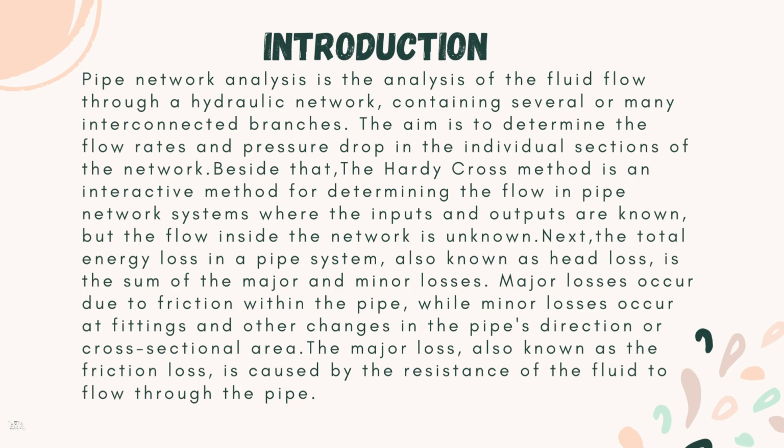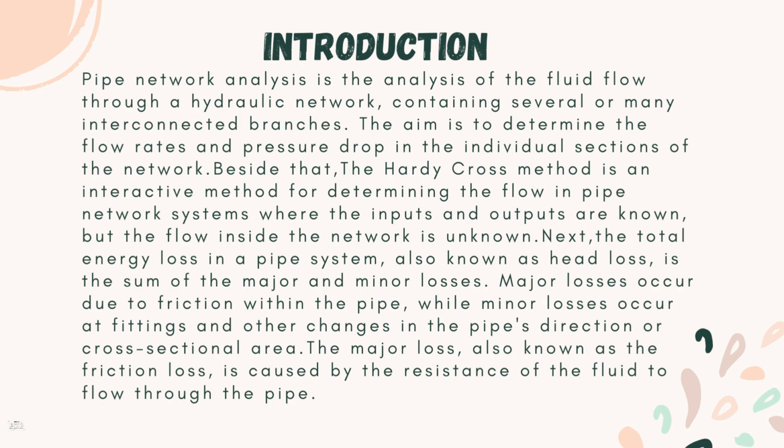In this equation, the friction factor is a dimensionless number used to describe the friction loss in a pipe. In laminar flow, the friction factor is only a function of the Reynolds number and independent of the surface roughness of the pipe.